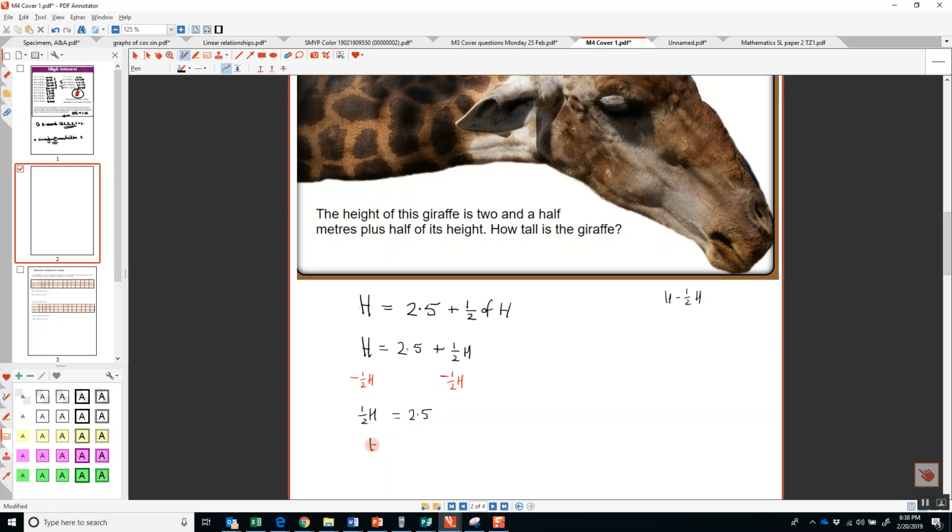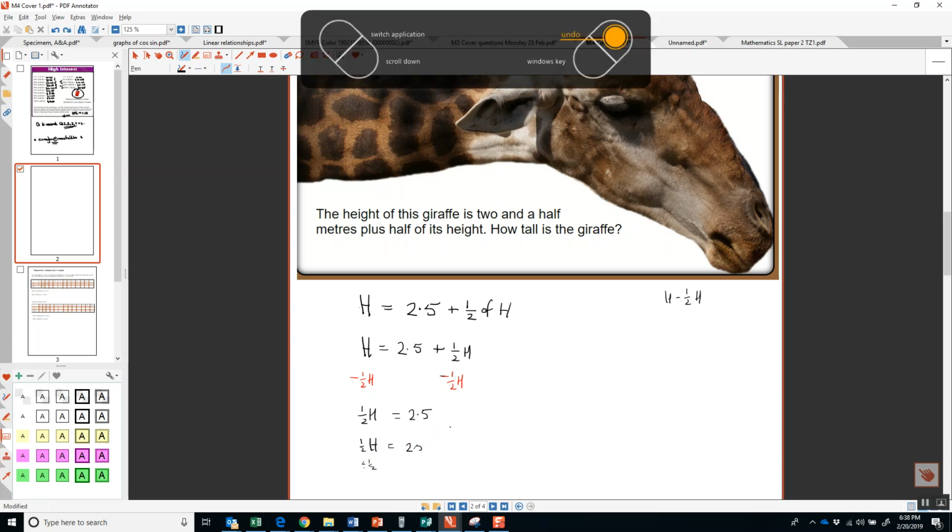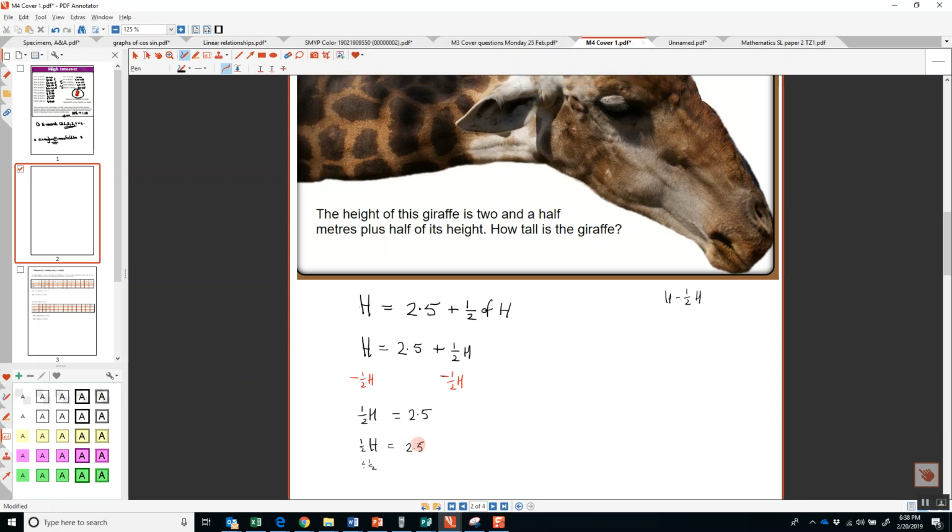Now in order to find out what h is, I need to divide both sides by a half. So I'm going to divide this side by a half, and I'm going to divide this side by a half. And it's frozen. So I'll take this up here.